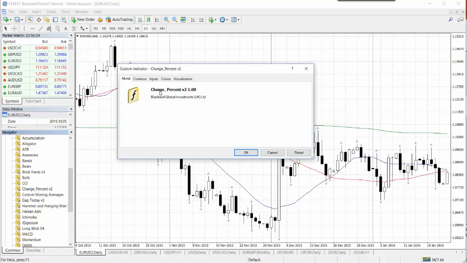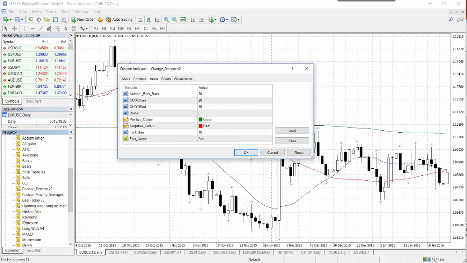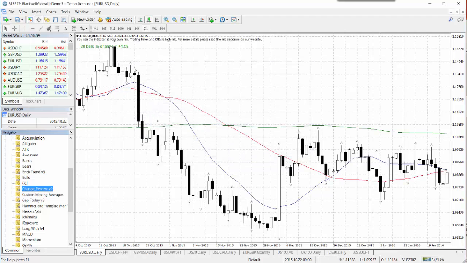You can see it's got its name, Change Percent V2 Blackwell Global, and as Malte mentioned, these are for Blackwell Global clients. You won't be able to use these on any other MetaTrader platform, so you'll get full support using them on the Blackwell Global MT4. With that in mind, we'll click in, and there we go.